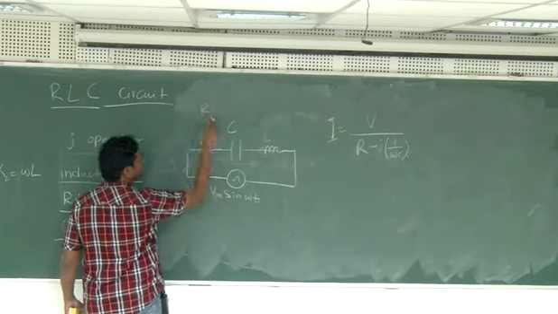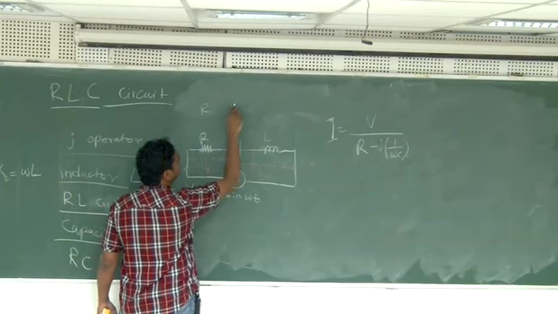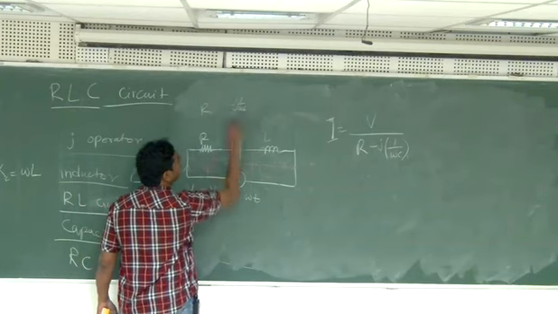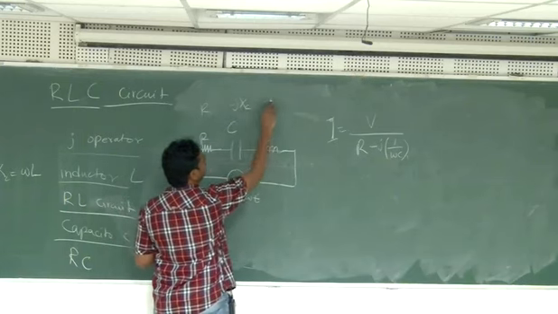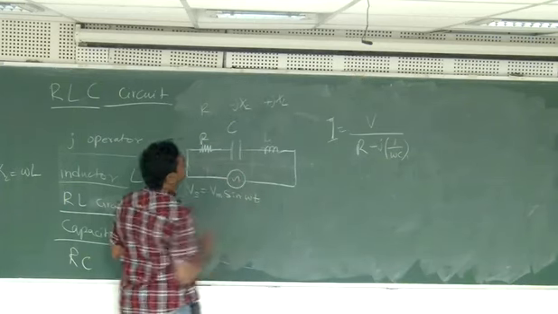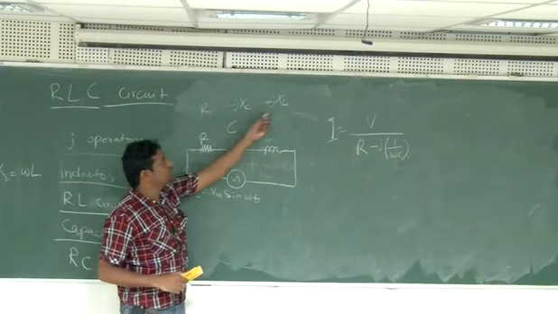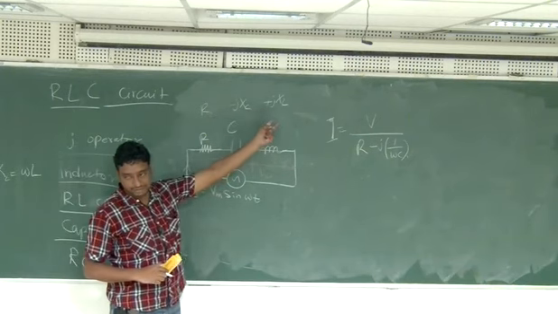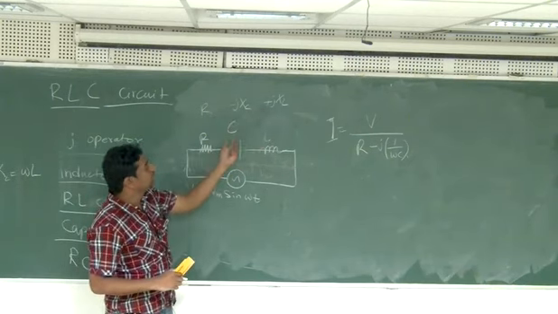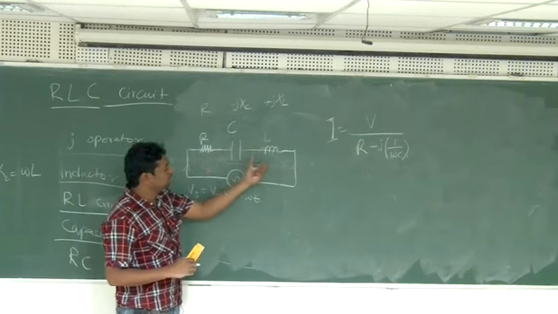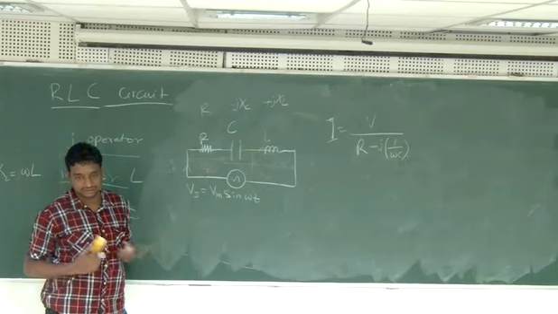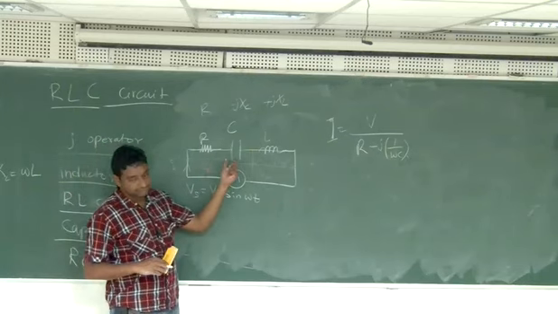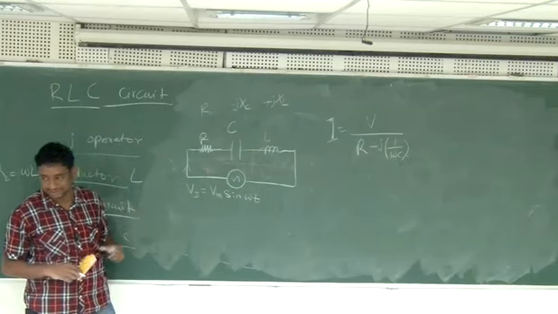This is R itself, this is minus j XC, and this is plus j XL. Because these two are j's, I can add them. Both of them are imaginary. Depending on which one is more, if the inductance value is more, then overall it behaves like an inductive circuit, and if the capacitance value is more, it overall behaves like a capacitive circuit.